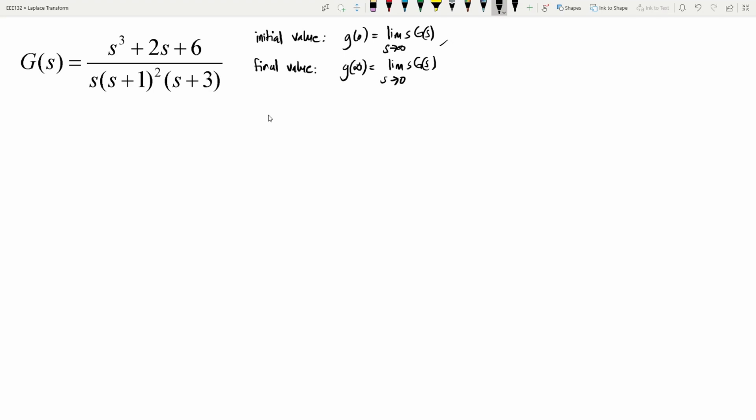So we have g of 0 equal to the limit of s G of s as s approaches infinity. We have s times this function, s cubed plus 2s plus 6 over s plus 1 squared times s plus 3.